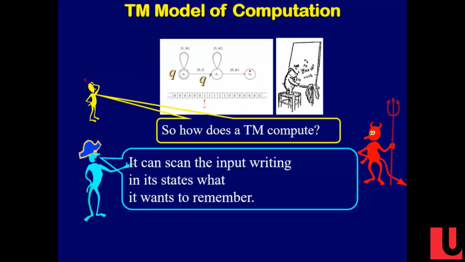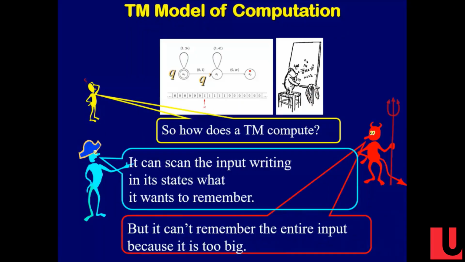But can we remember the entire input? The adversary says you can't store the entire input, because the input's big. How much of the input can you remember? I don't know how much you can store. You might be able to store 1 billion characters of the input, 1 trillion characters of the input.